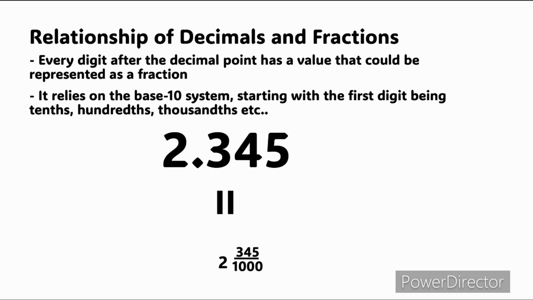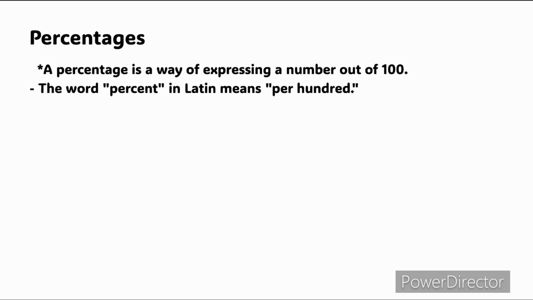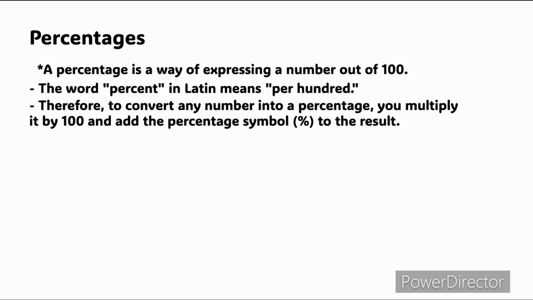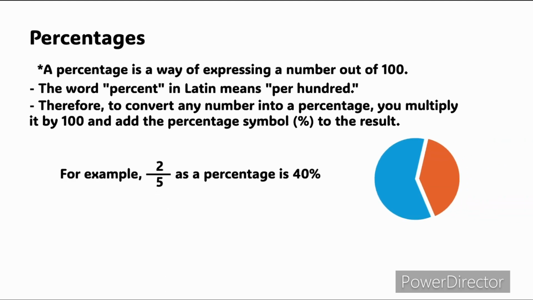After this, we go to the last part, percentages. It is a way of expressing a number out of 100, simply because the word percent meant 100 a long time ago. As a result of that, whenever we convert any number into a percentage, we multiply the number by 100, adding a percentage sign at the back of the number, and you're done. So for example, 2 out of 5 as a percentage is 40%.